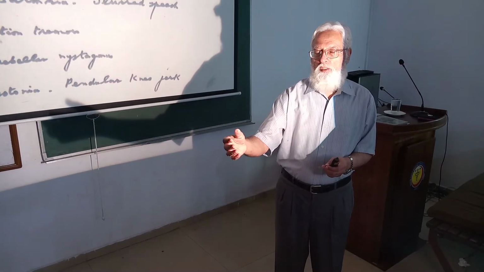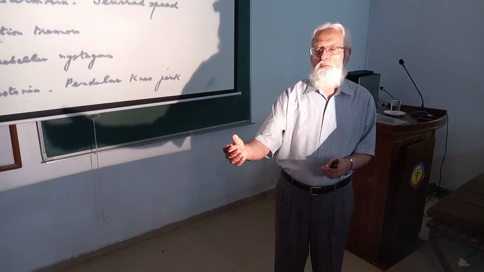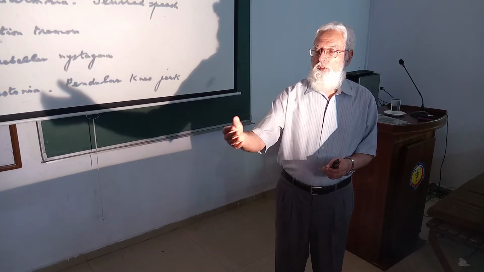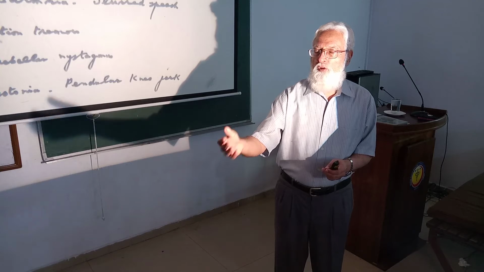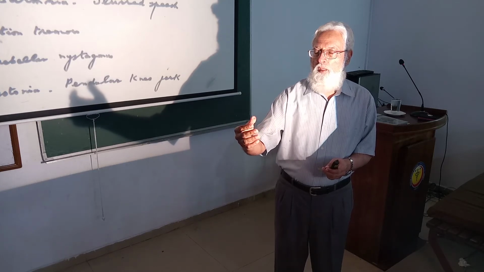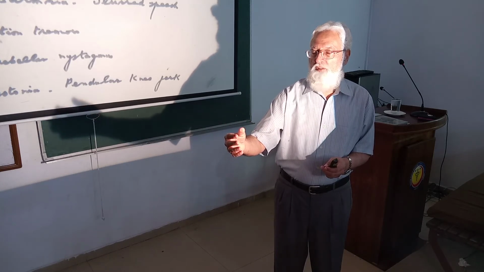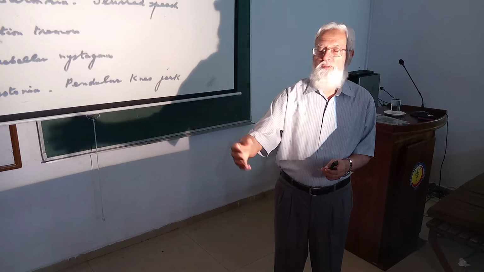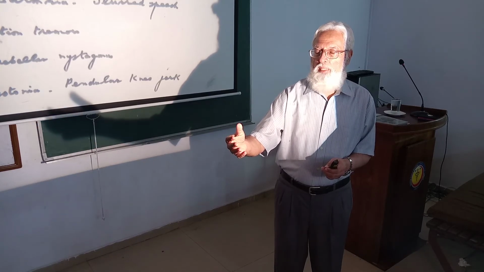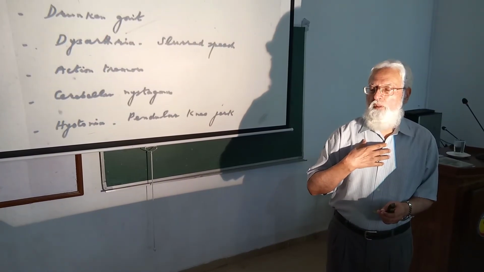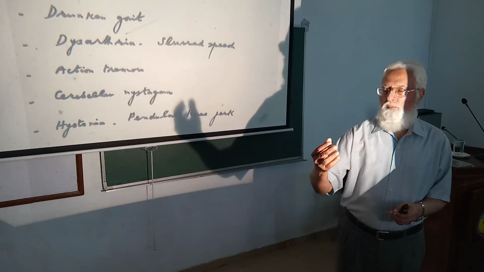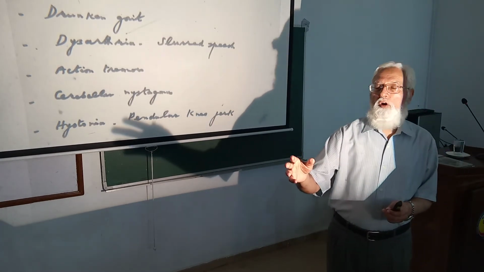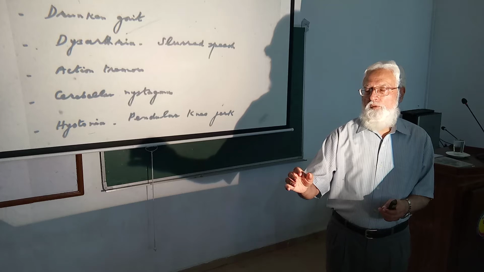The patient tries to pull the arm towards himself. While he is pulling, the doctor releases the arm, and the hand touches his breast, his chest, or the mouth. So this is called rebound phenomenon, right?